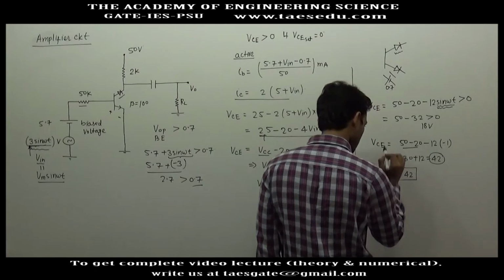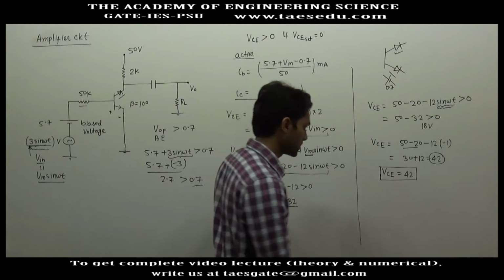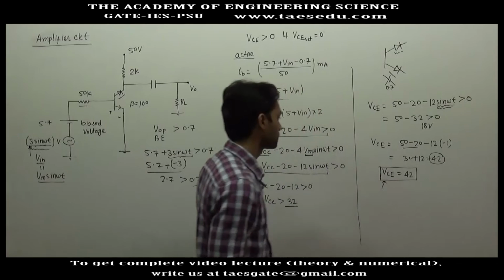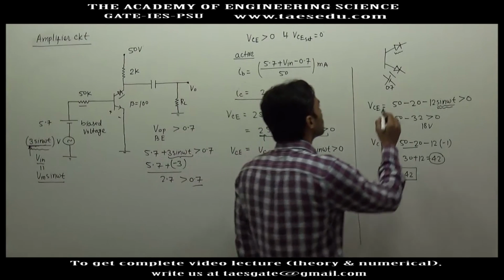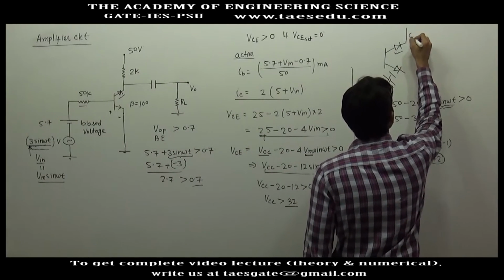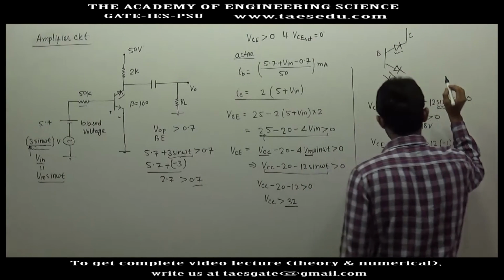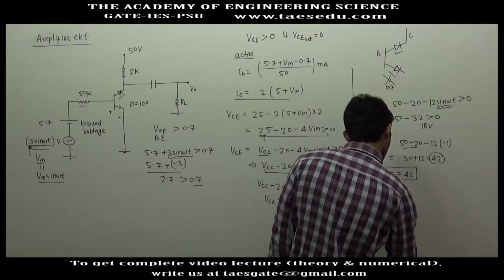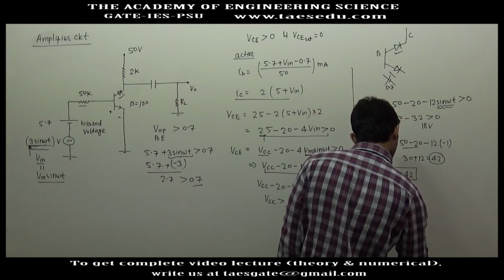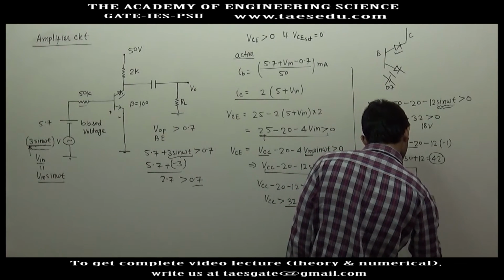Let us consider the maximum value of VCE. Now this is C and this is B. VCE is nothing but VCB plus VBE.